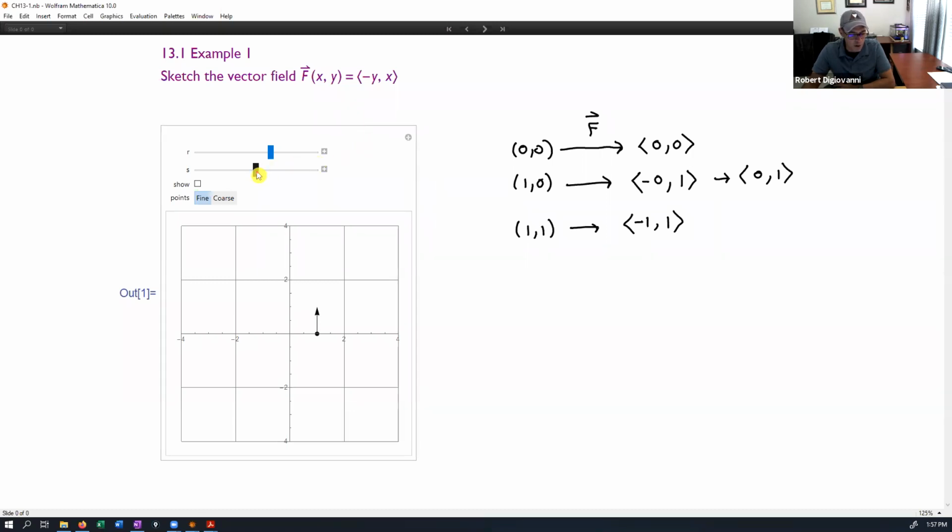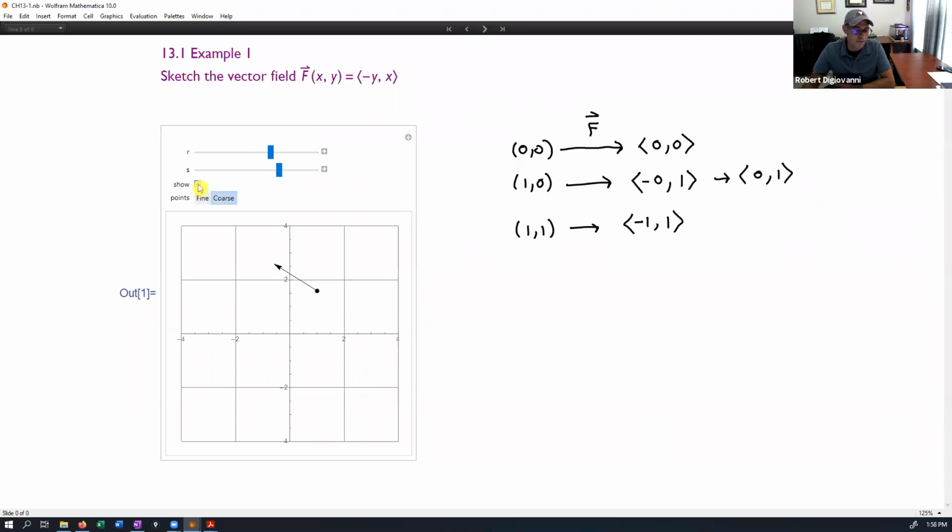If I move to the point 1, 1, right there, do you see that this is the vector negative 1, 1? Right, to the left 1, up 1. From this point to the left 1, up 1. And I can start doing that everywhere. It doesn't matter where I move. So just move around the space and you'll see that for every point, we have some vector.